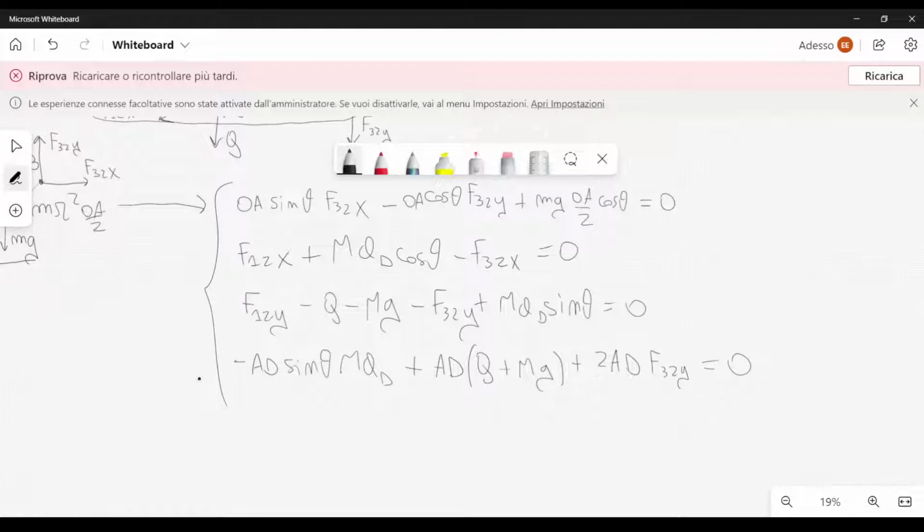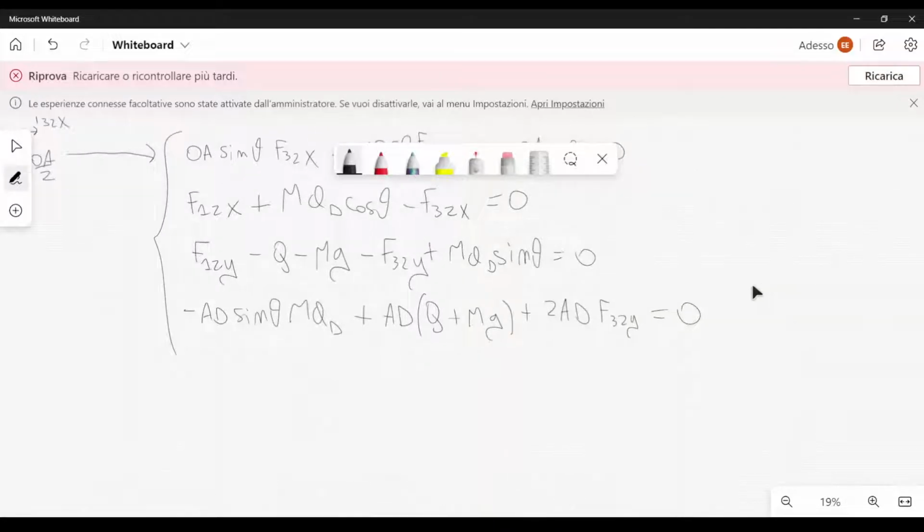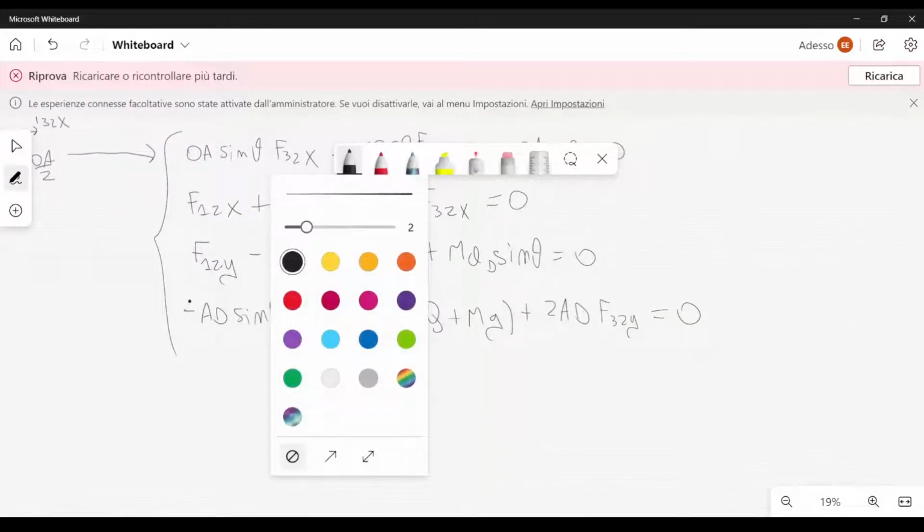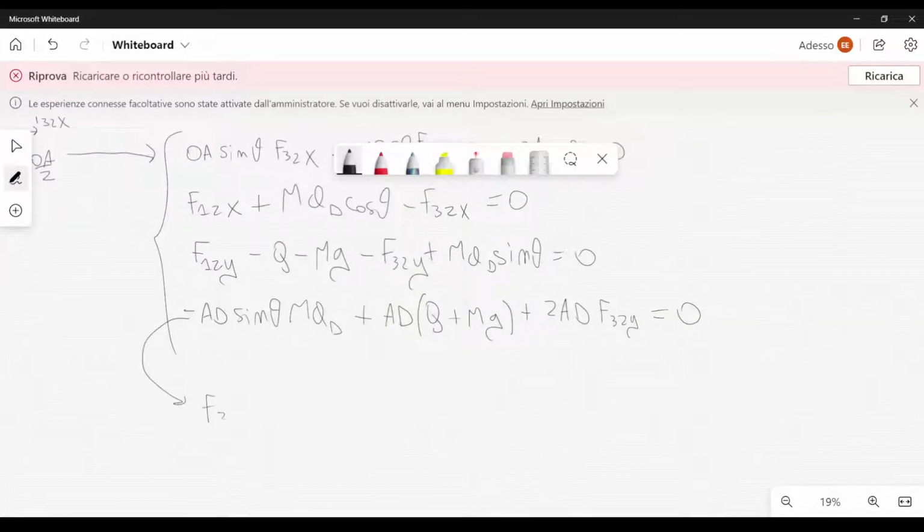In particular, what I can write down, these 4 equations is, first I can find the f32y from this one. So f32y is equal to mad sine theta minus Q plus capital Mg over 2.